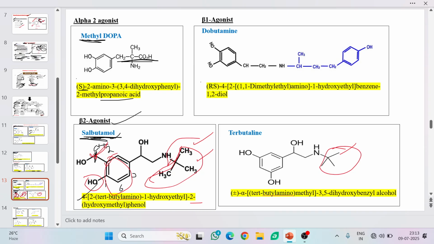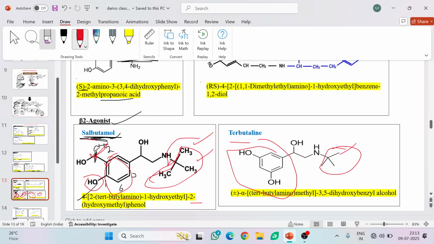It is the tertiary butyl. In case of terbutaline also tertiary butyl is present, and in case of salbutamol also tertiary butyl is present. The difference is of this ring.